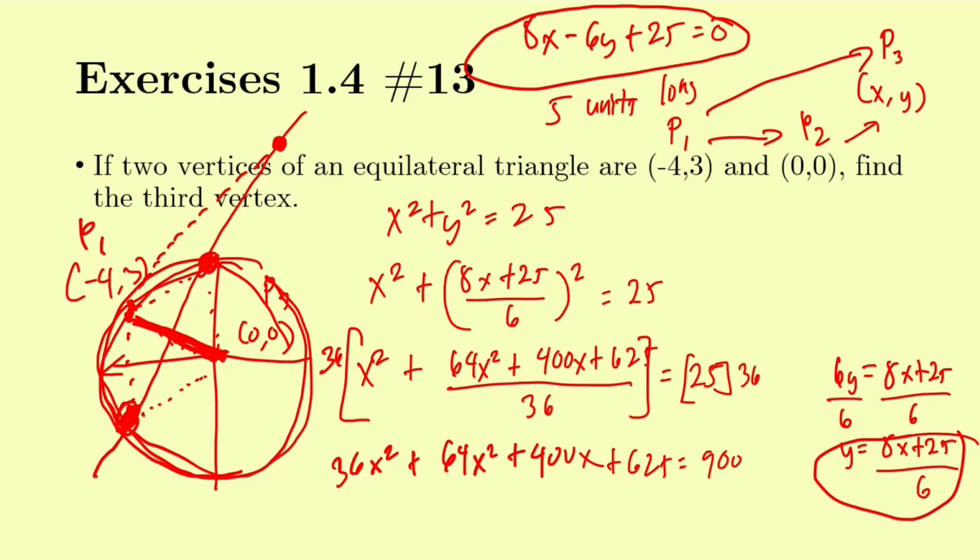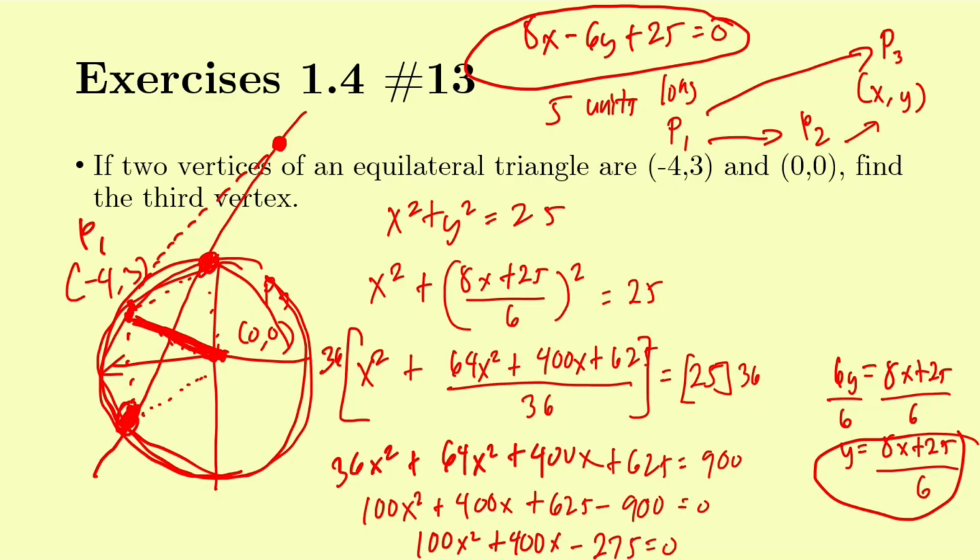Combining like terms, we will end up with 100x squared plus 400x plus 625 minus 900 is equal to 0. And that results in 100x squared plus 400x minus 275 is equal to 0.